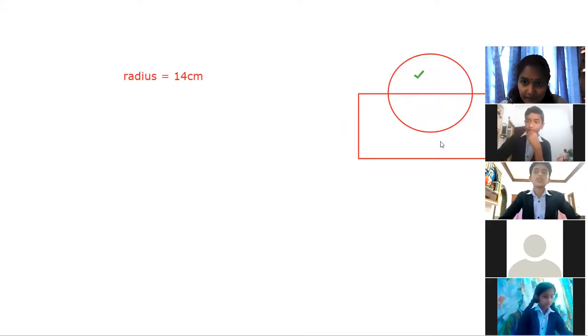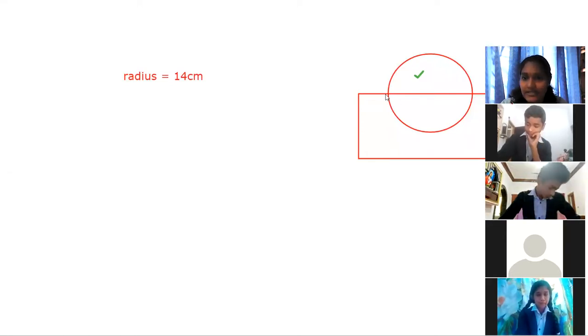Circle means this complete curve. But in this question, we have the semicircle, not the circle. Clear? Only this portion is here. Semicircular disc, right? Its shape is like this, like an appam cut in half.